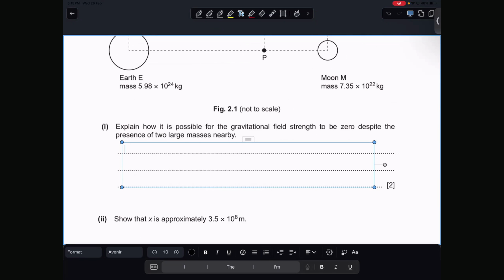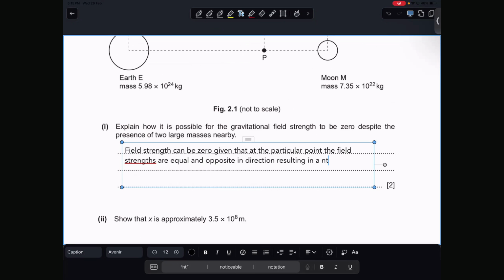So the answer should be along this line: field strength can be 0 given that at that particular point the field strengths are equal and opposite in direction, resulting in a net field strength of 0.